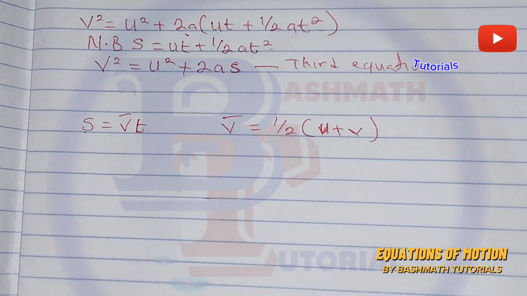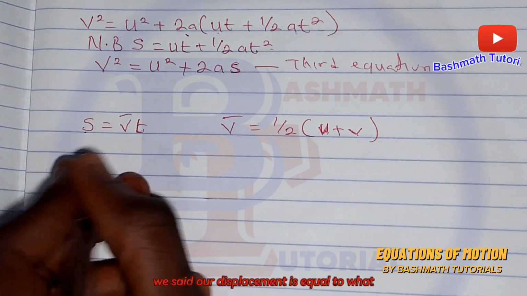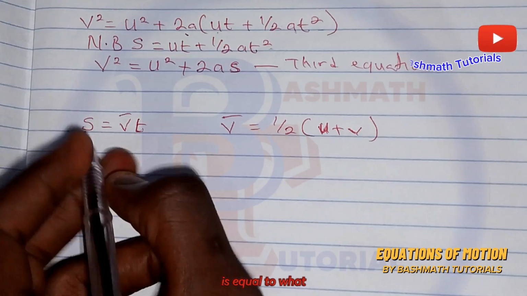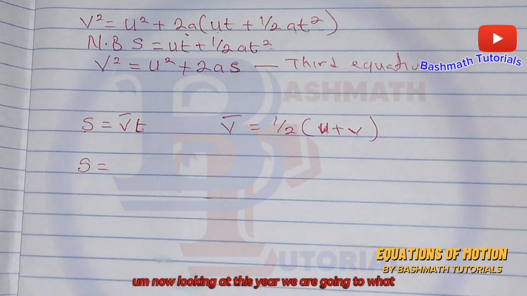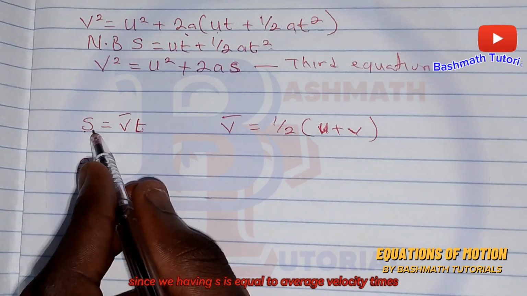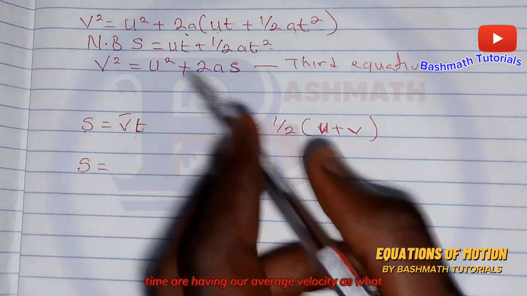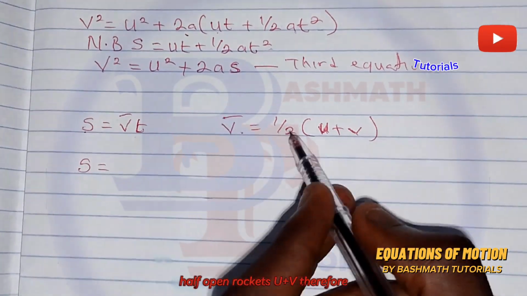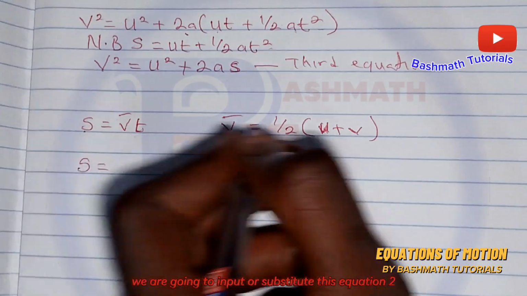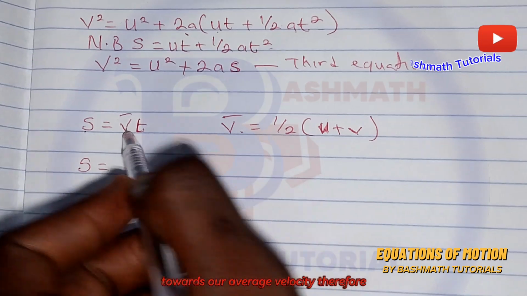Now since we are having something like this, we need to understand something. This last equation is very, very simple. Since we have s is equal to average velocity times time, and we have our average velocity as half open bracket u plus v, therefore we are going to substitute this equation 2 into our average velocity.